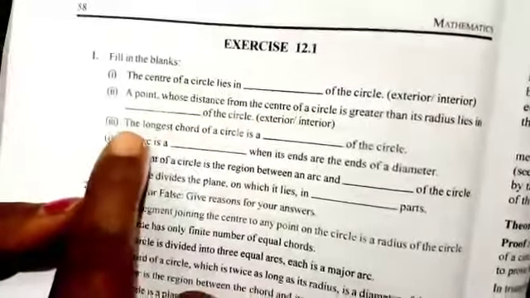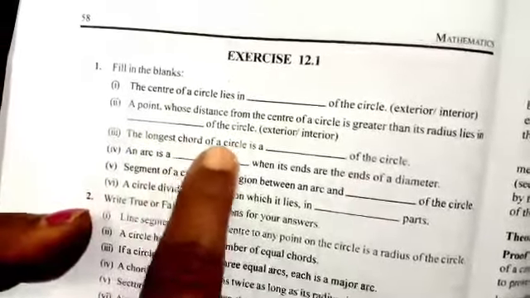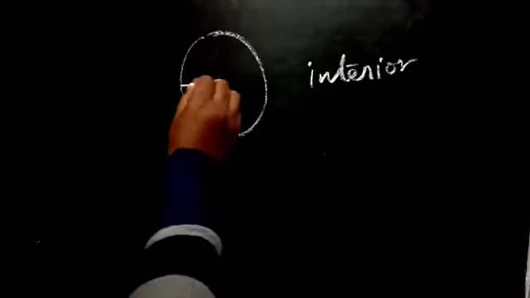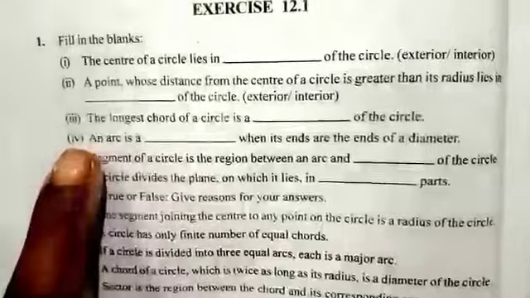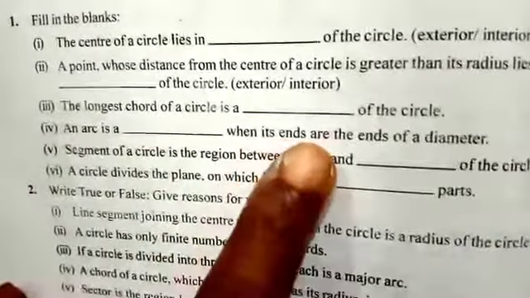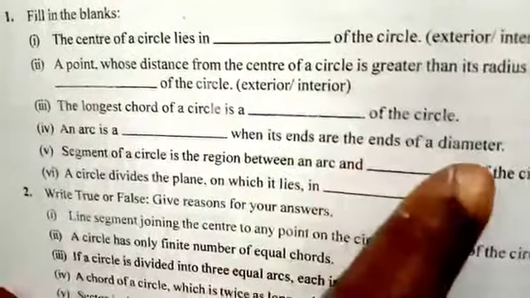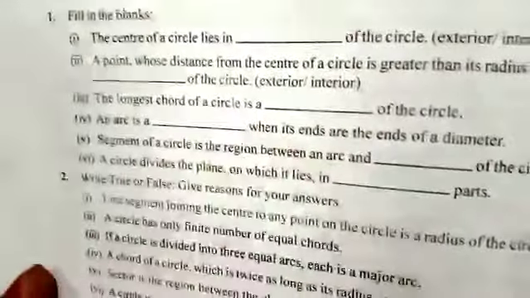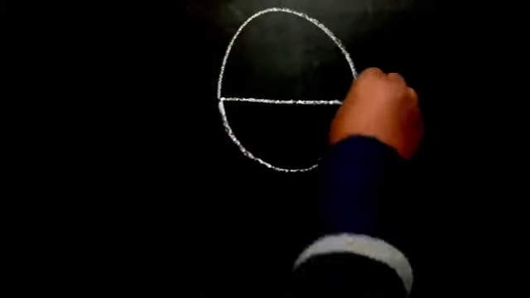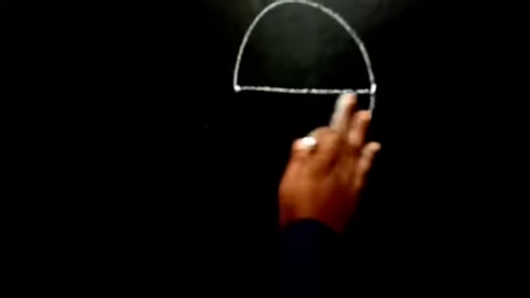Third one, the longest chord of a circle is a dash of the circle. The longest chord of the circle is the diameter. Fourth question, an arc is a dash when its ends are the ends of a diameter. It is a semicircle. From one end of the diameter to the other, if you cut, this is called a semicircle.